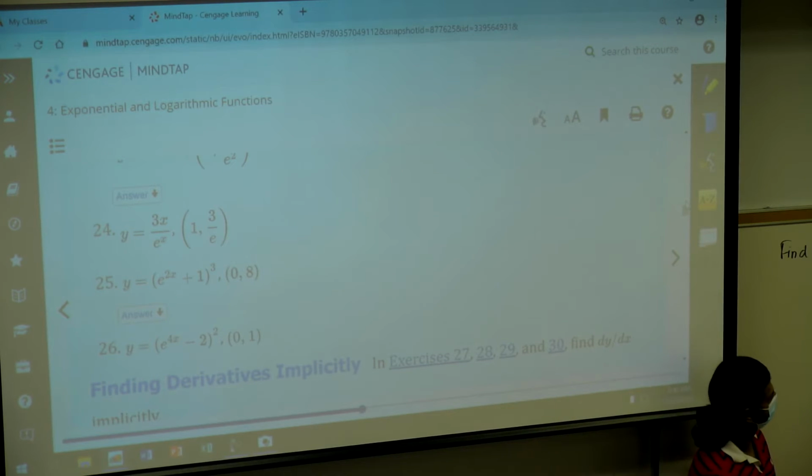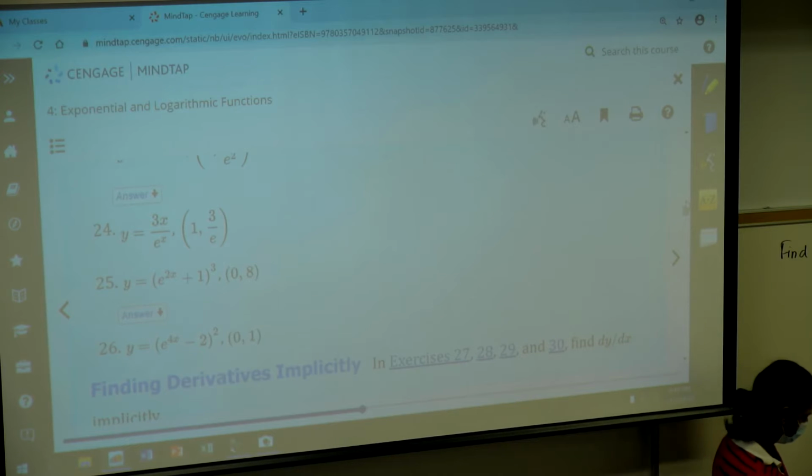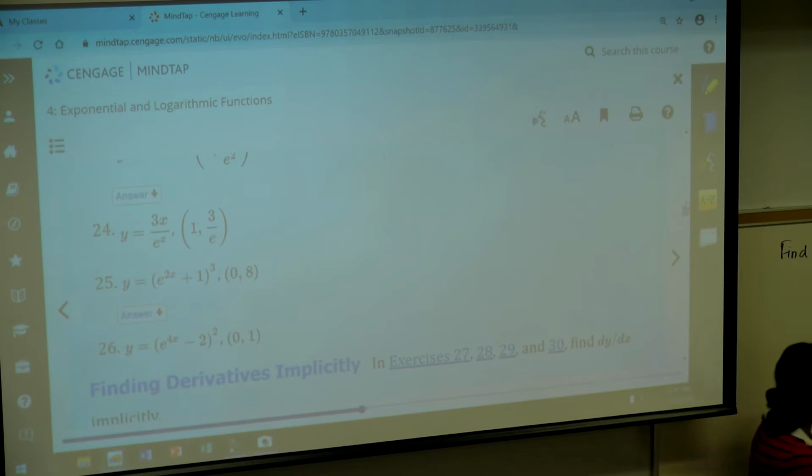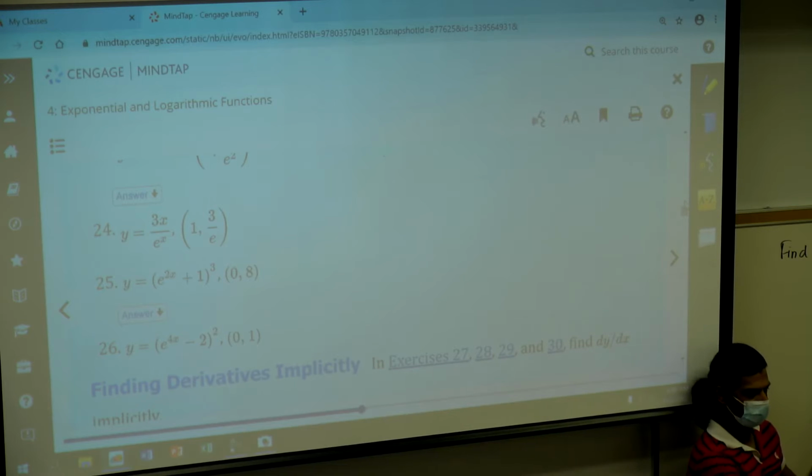You can use y2 minus y1 over x2 minus x1, but that defeats the purpose of calculus altogether. You're not in an algebra class. This is a calculus class. How do you find the slope at a point?